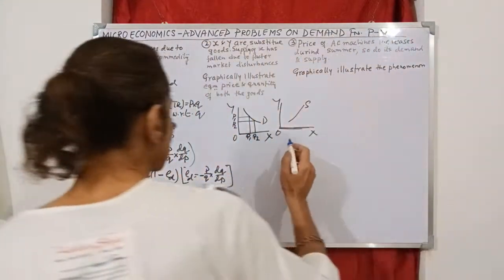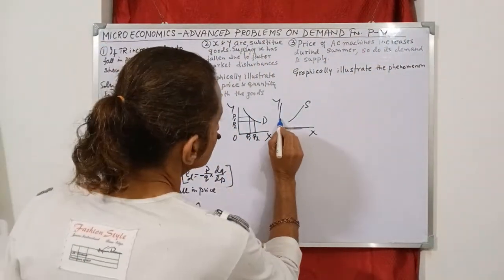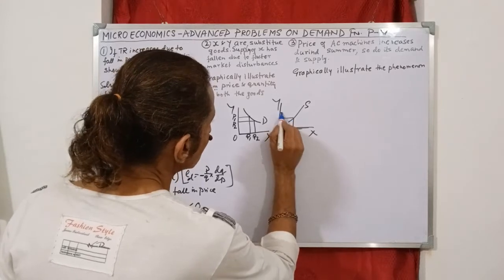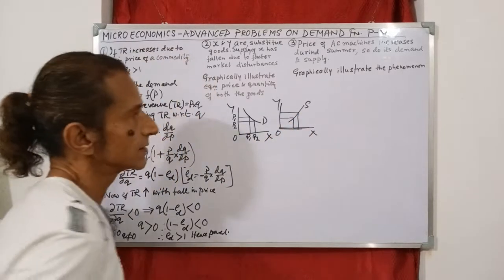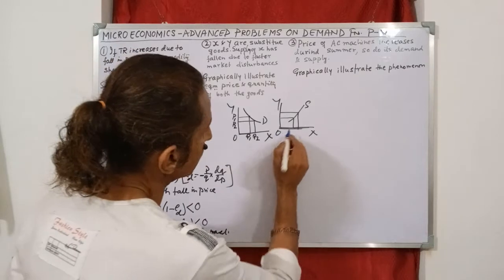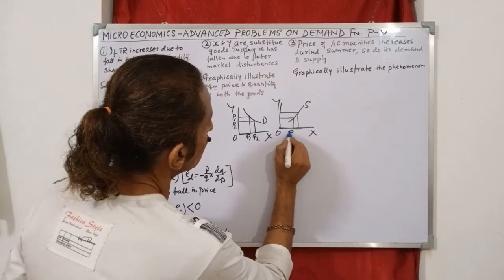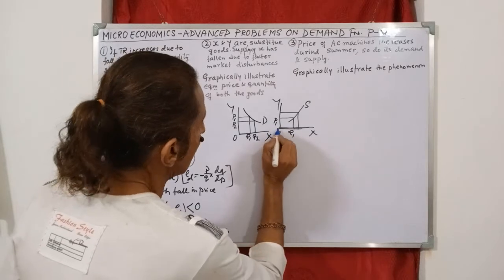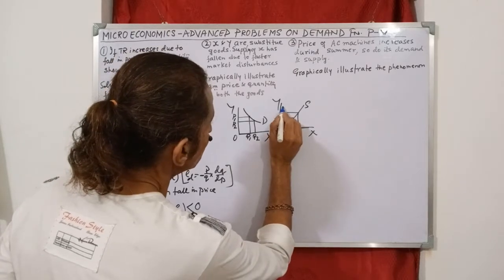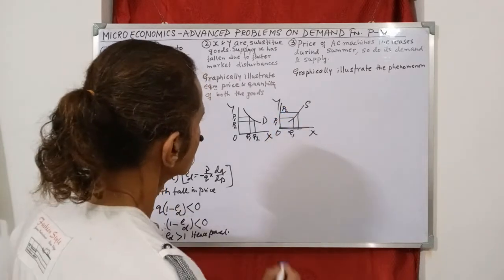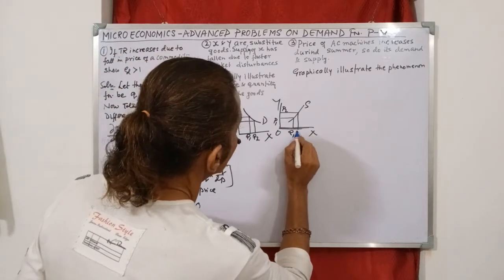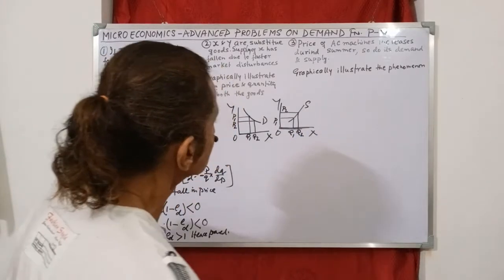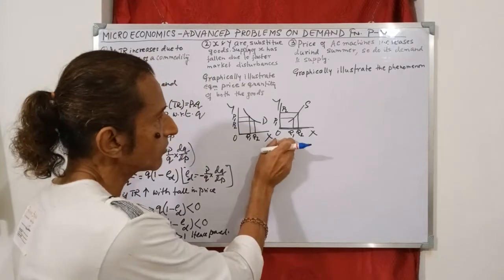Now the same thing happens to the supply curve. You see, this is the supply curve, which is upward sloping. The producer is supplying OQ1 units at OP1 price. As price increases from OP1 to OP2, the producer supplies OQ2, that is, supply increases from OQ1 to OQ2.